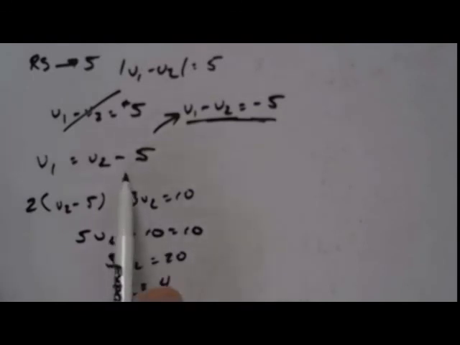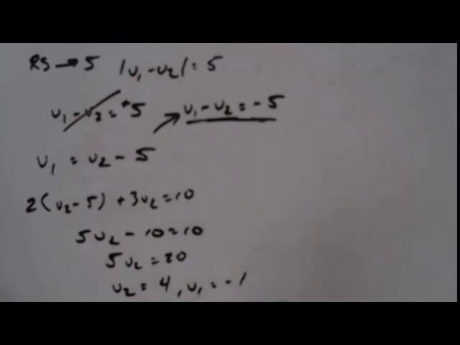And then that's going to give me 5v2 minus 10 equals 10. That means 5v2 equals 20. That means v2 is 4. Okay, and then v1 is v2 minus 5, so 4 minus 5 is negative 1.